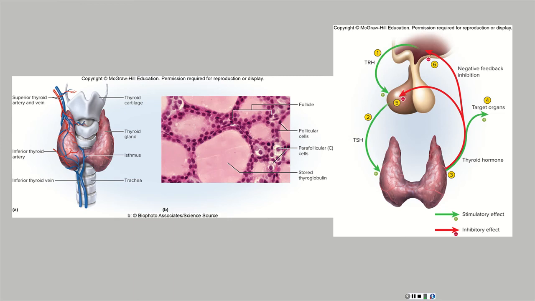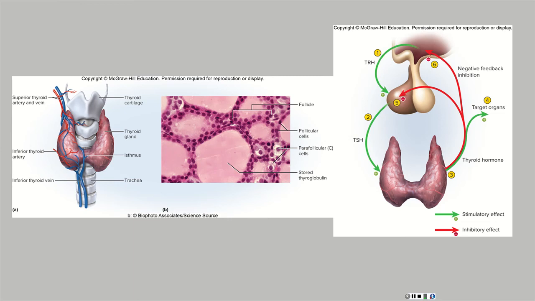T4 is called thyroxine, and that should sound very familiar because we mentioned thyroxine back in the cardiovascular chapter. Now, T3 and T4 are both being made, but a lot more T4 is made. T4 is much more abundant, but T3 is much more active.